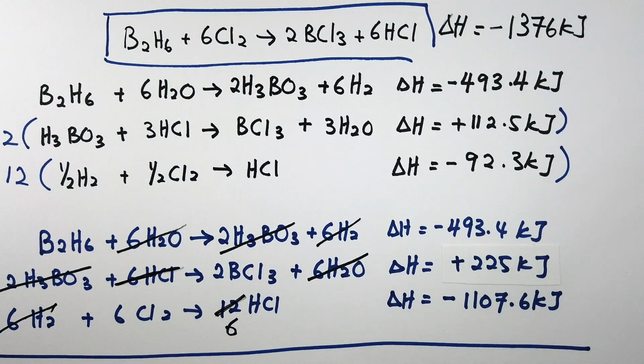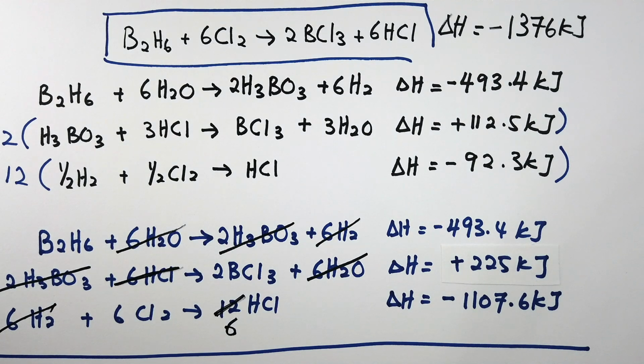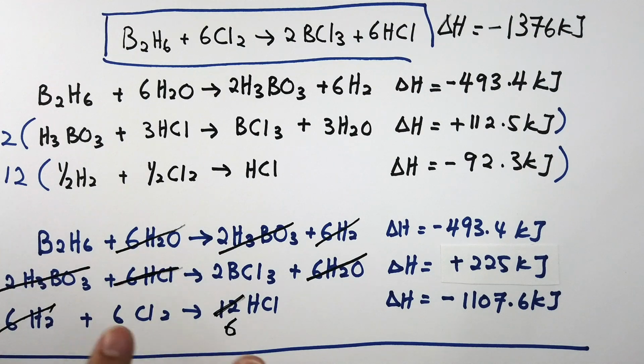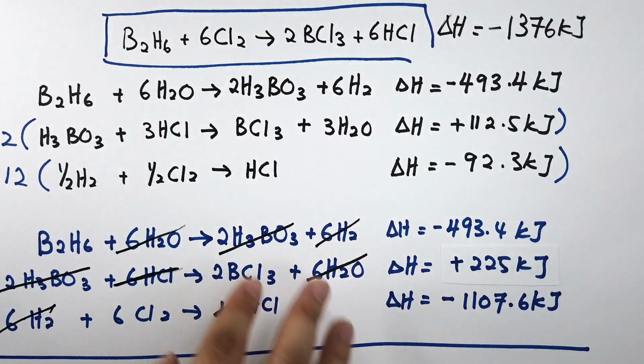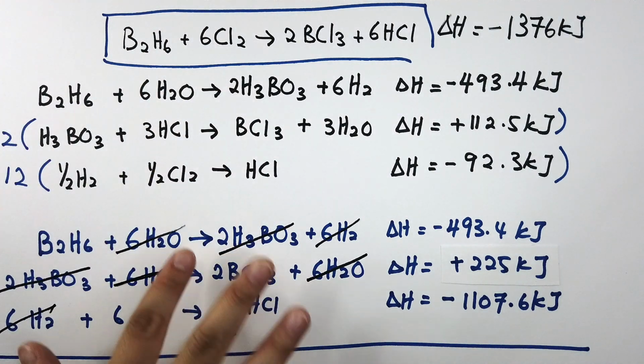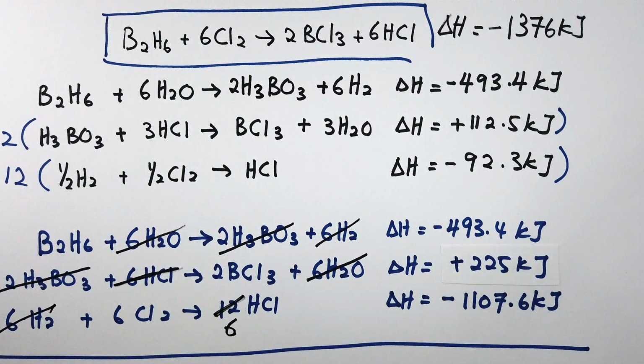So this is your final answer. Altogether here, you should be able to understand Hess's law, and from Hess's law, you need to know that from all the equations given to you, you need to use everything to get your target equation.